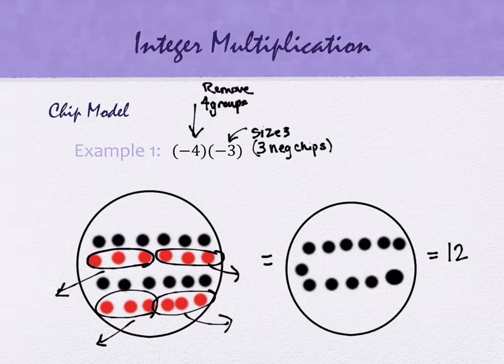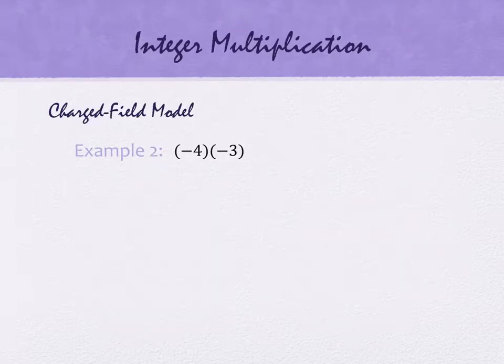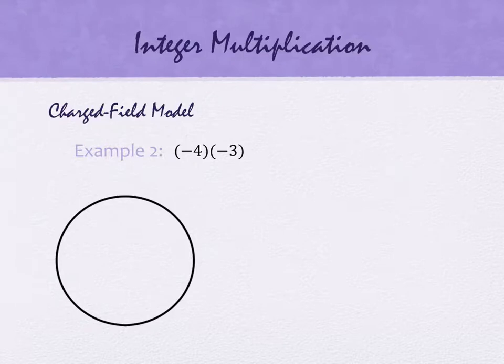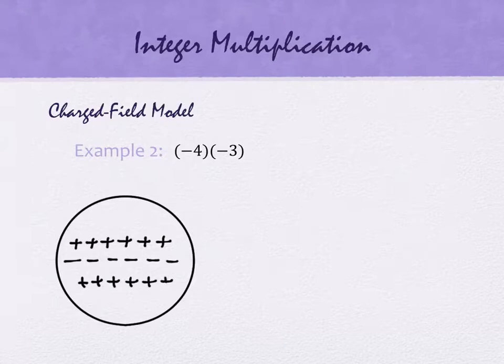Charged field model is just like a chip model, just uses pluses and minuses instead of blacks and reds. So if we're looking at the charged fields model, we operate with it exactly the same too. So I put in 0 pairs. If I put in 6 positives and 6 negatives, and I do it again, this is what I have.